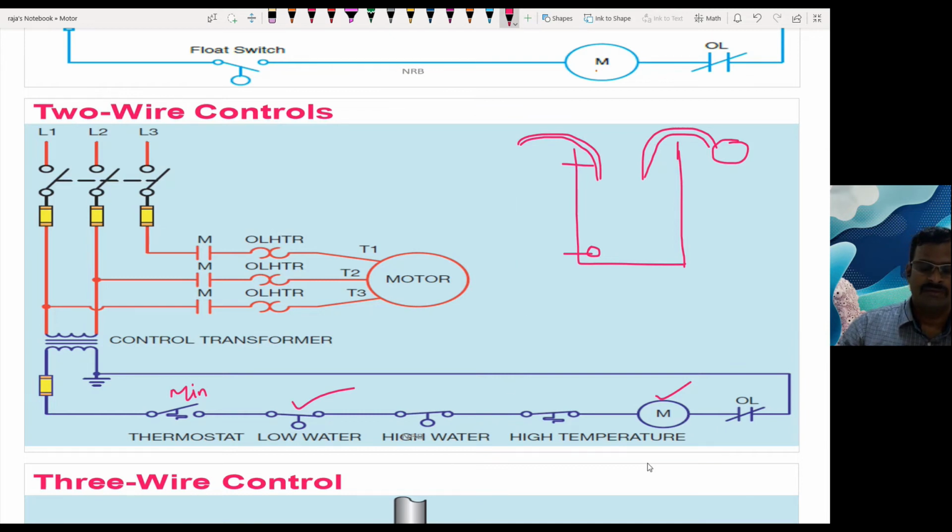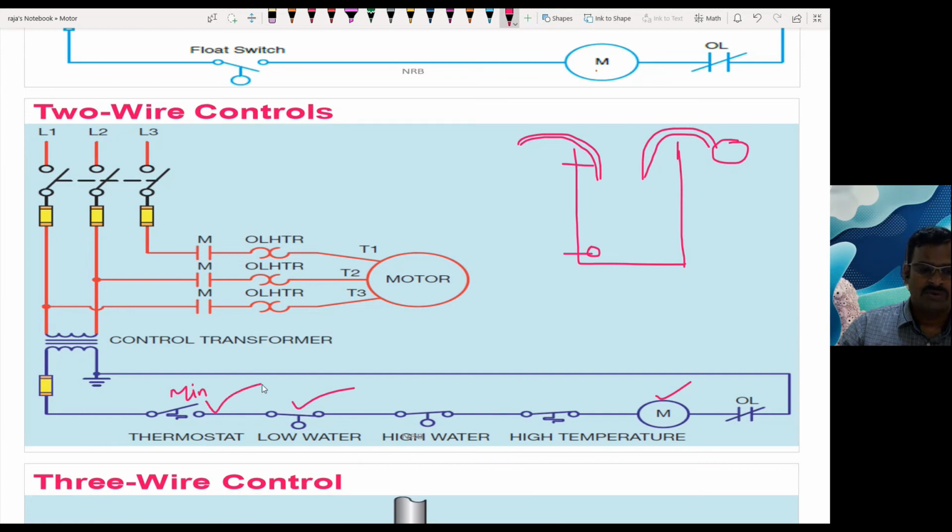Here we are going to monitor different conditions, the minimum temperature and minimum level of water. In case the water flow is more here and it reaches the higher limit, then the system will open the contact so that the system will get off, until the water decreases to the allowed limit. Also when the temperature rises to the higher limit, again the furnace will get off so that the boiler temperature will be maintained. So we have four different conditions.